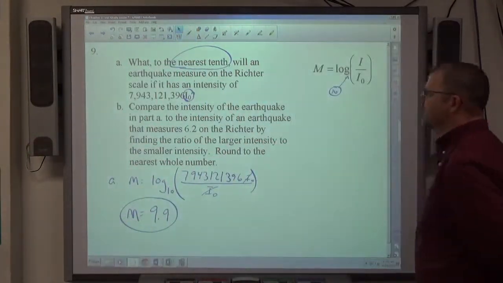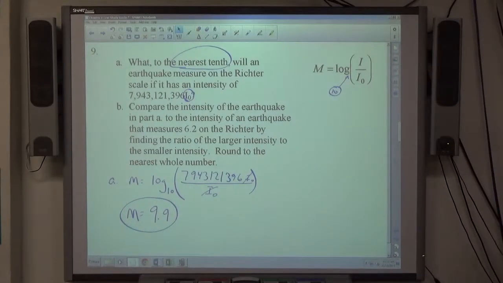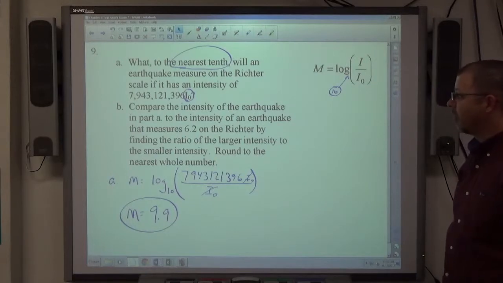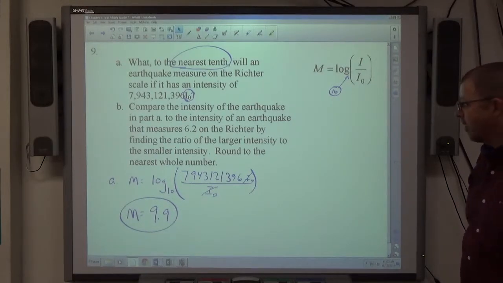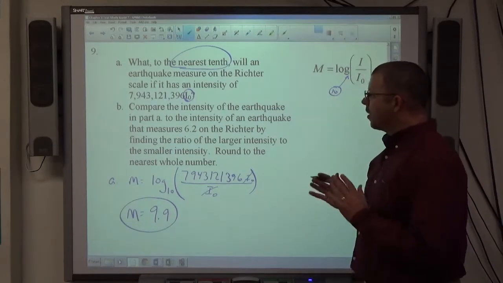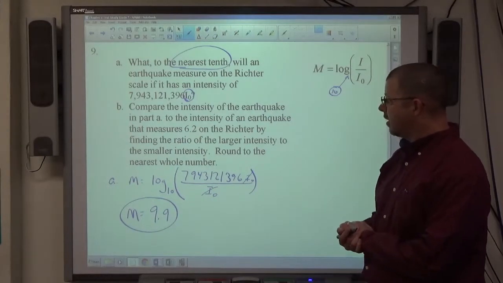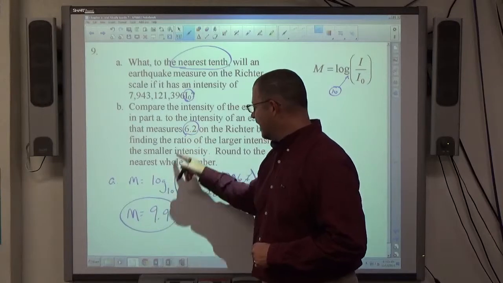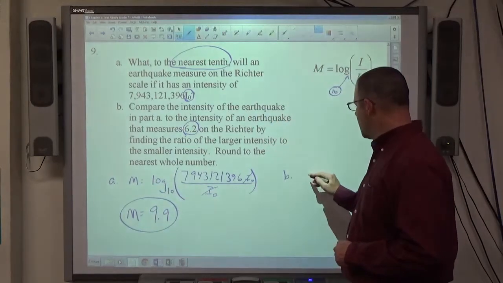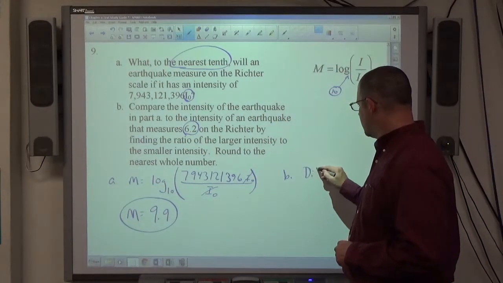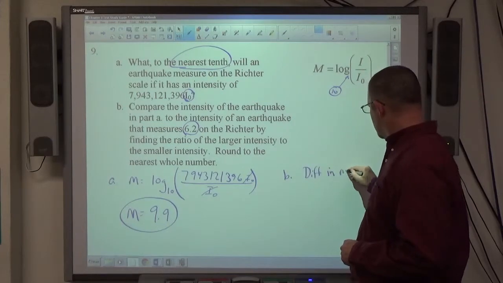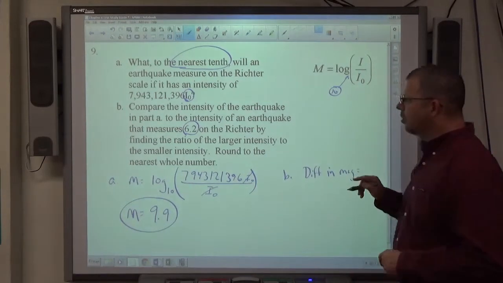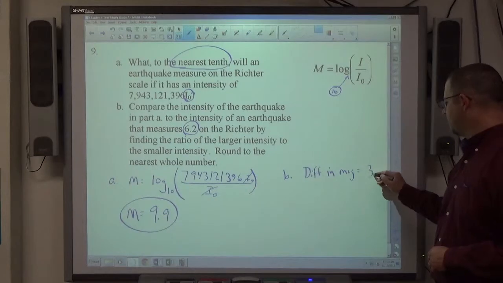Question B here says compare the intensity of the earthquake in part A to the intensity of an earthquake measured 6.2 on the Richter scale by finding the ratio of the larger to the smaller intensity, round to the nearest whole number. So what we're doing here is an intensity comparison. And if we start by looking at the magnitudes, 6.2 and 9.9 for part B, the difference in magnitudes is equal to 3.7.